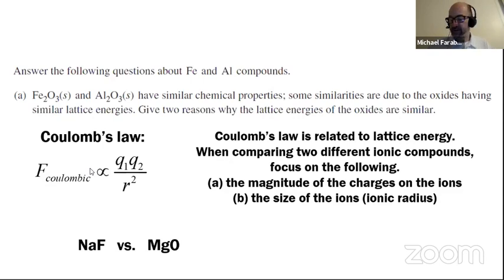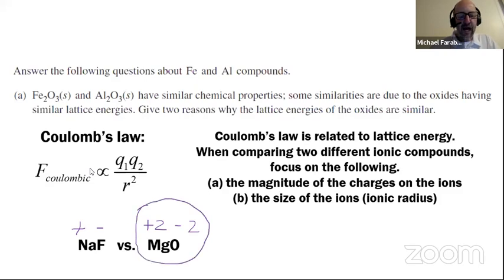What I might do if I was comparing sodium fluoride, NaF, which has a charge of +1 and -1, with magnesium oxide, MgO, which has charges of +2 and -2. And again, hopefully you have your periodic table handy and you can verify this for me. Then I would indicate that because of the greater magnitude of the charges on the ions, I would predict that magnesium oxide would have a greater lattice energy.